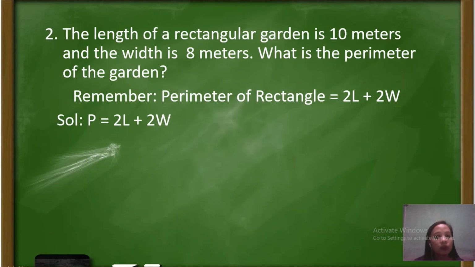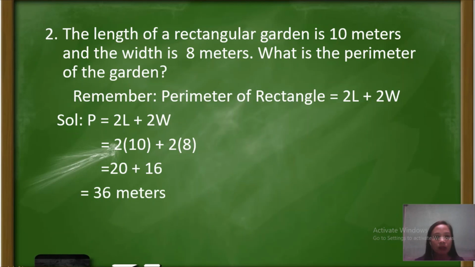So 2 times 10, that is 20, plus 2 times 8, that is 16. After you multiply, you're going to add. So 20 plus 16, that is 36 meters.